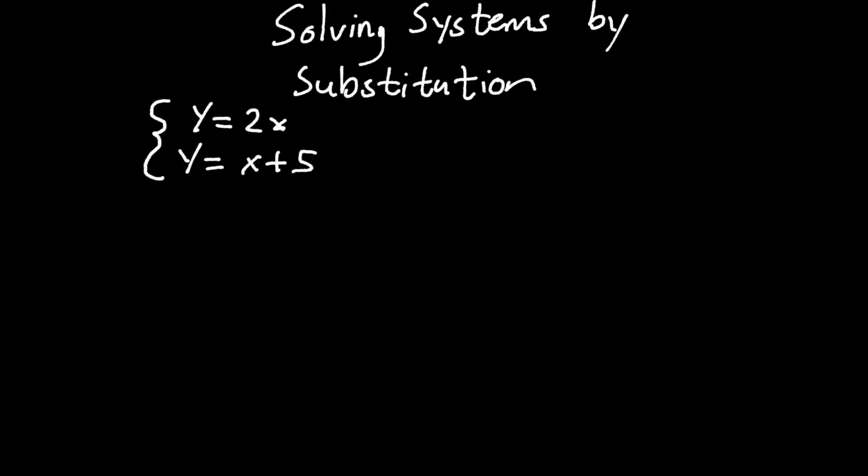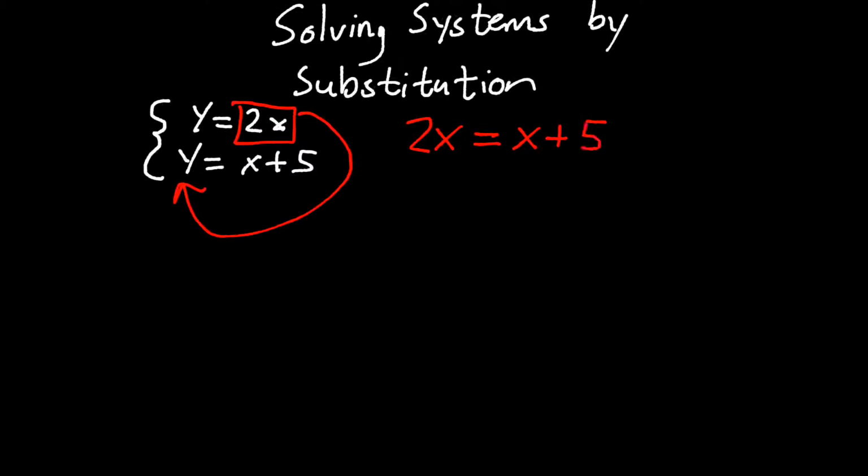So what I can do, and I have two options here, is since I know y equals 2x, and y also equals x plus 5, I could take this 2x and I can substitute it into that y. And that would give me the equation 2x equals x plus 5.